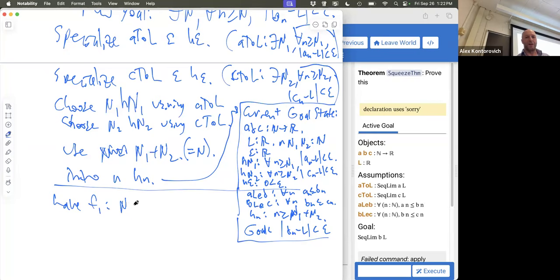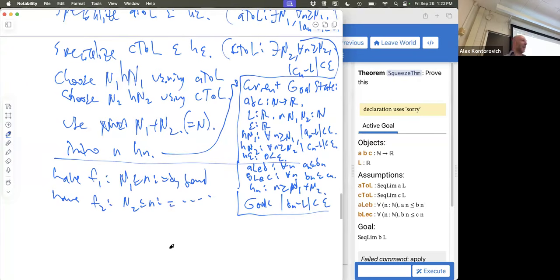Okay, so let's have F1 that N1 is less than or equal to N by bound, and have F2 that N2 is less than or equal to N by bound. Then we can specialize HN1 to little n F1, specialize HN2 to little n F2.